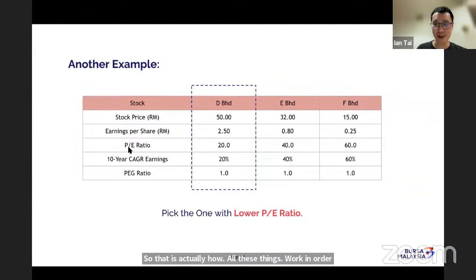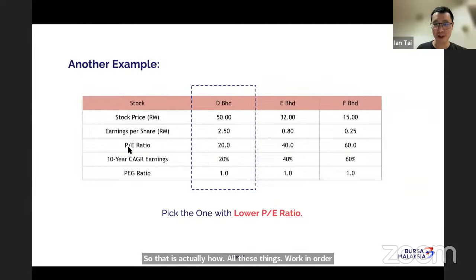Usually period is 10 years. Then the third one, calculate the PE ratio. Then finally, we take PE ratio and divide it by CAGR to calculate PEG ratio. Then you use this to compare with the peers or other stock deals that you are considering. Then from there, you can make the final decision.